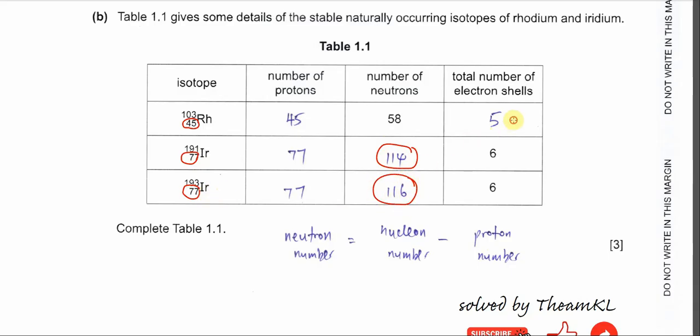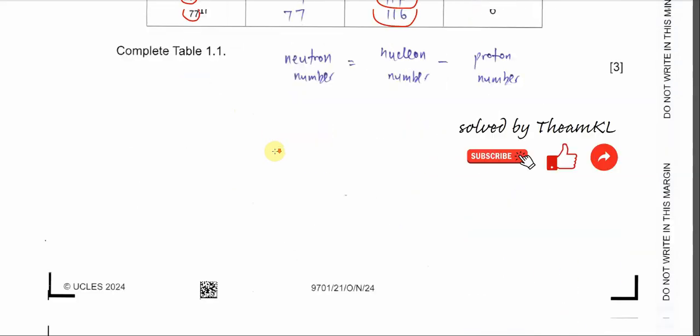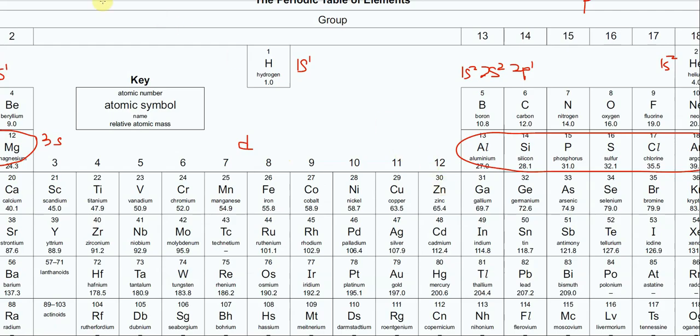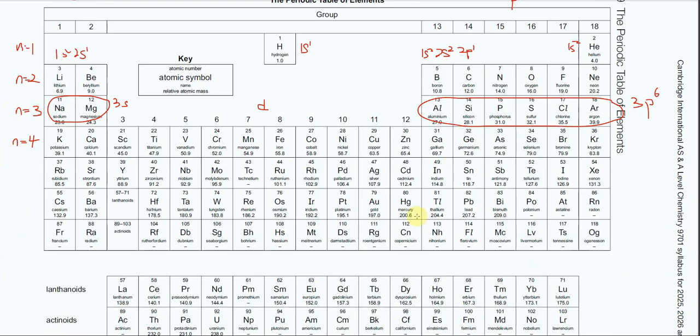Now this is the part that may be quite difficult for some of you: the total number of electron shells. Let's go back to the periodic table. We need to find rhodium.